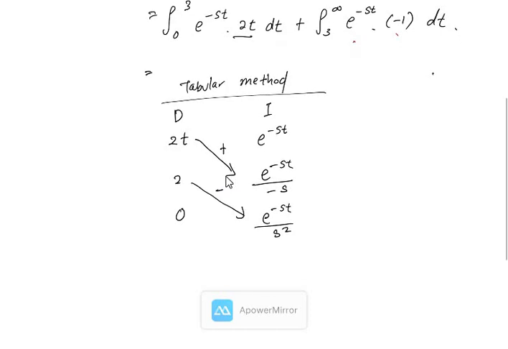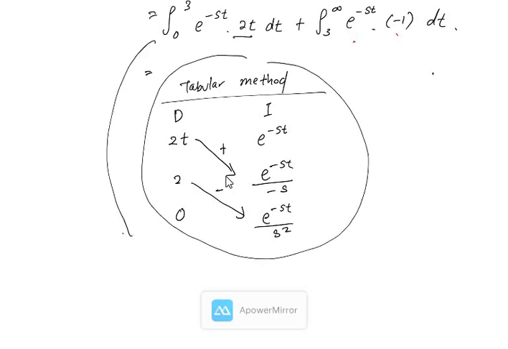So from this tabular method, I obtain 2t multiplied with exponent negative st divided by negative s, then minus 2 times exponent negative st divided by s squared.